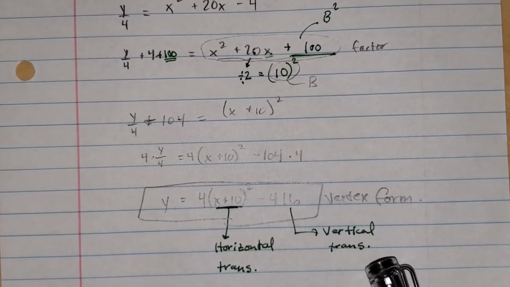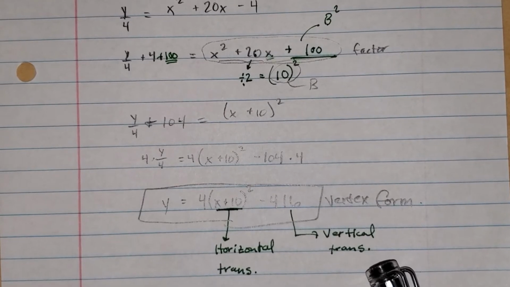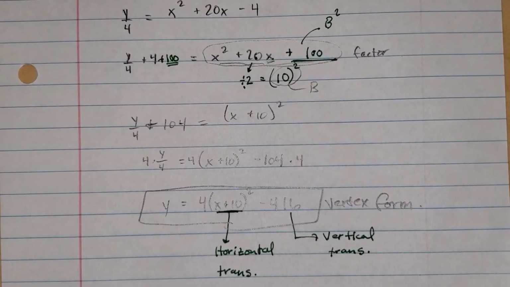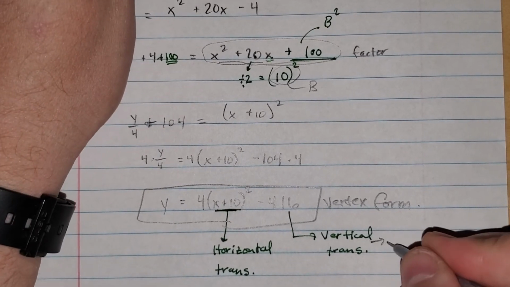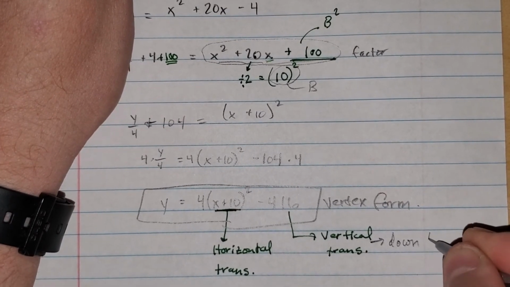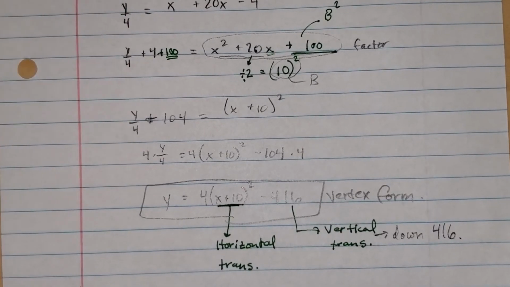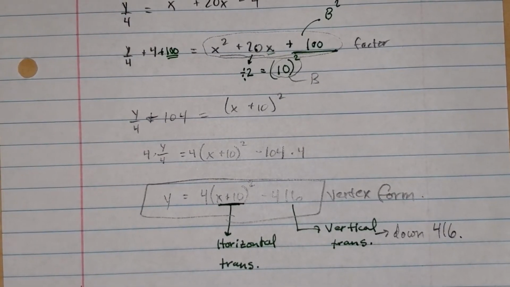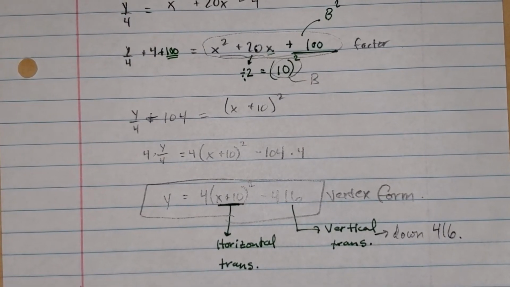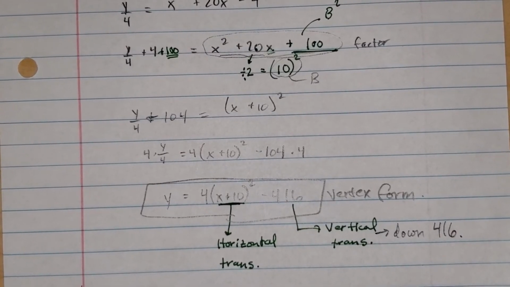Vertical translations always go in the direction that they say they go. So minus 416 is going to be down 416 units from 0, 0, because the original parent function of x squared goes through 0, 0.